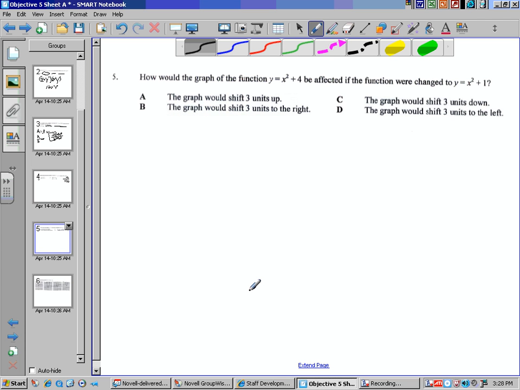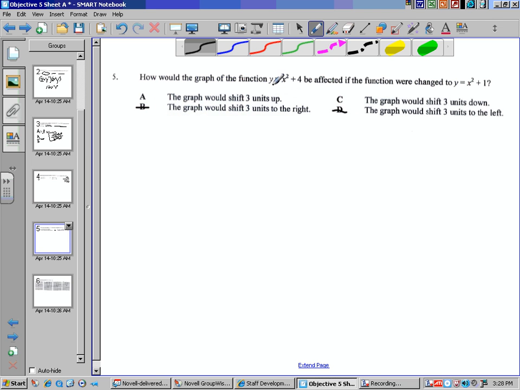Number 5 says, how would the graph of the function y equals x squared plus 4 be affected if the function were changed to y equals x squared plus 1? So basically, how are we getting from the 4 to the 1? Well, you have to go down. We're not going to the left or the right. Nothing is happening there.